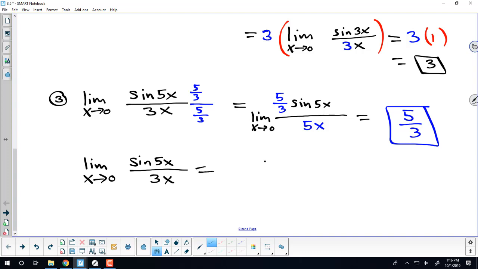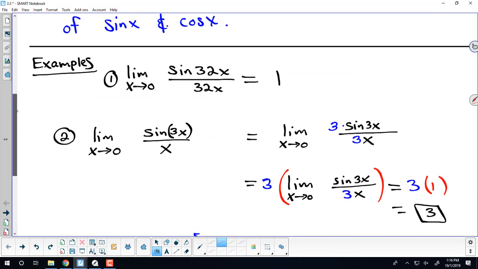Isn't this the same thing as sine of 5x over x times 1/3? So that's just a constant times sine of 5x over x, and to deal with sine of 5x over x, it's identical to how we approach number 2.